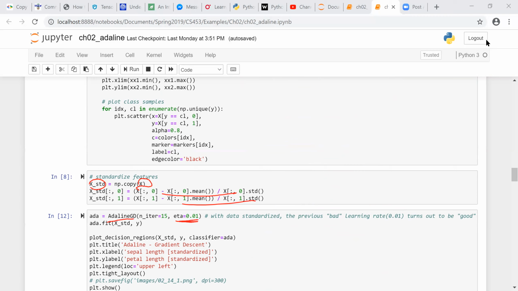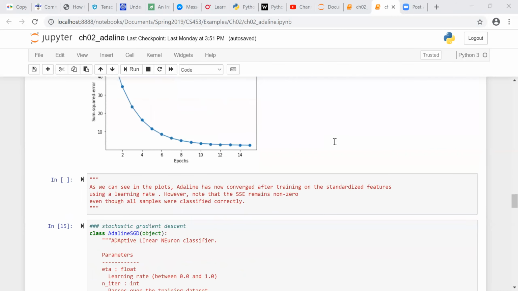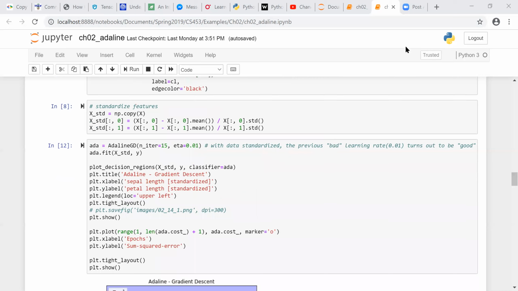But this time, you see, the learning rate is not that very small one. It's a bigger one. Then we call fit. And over here, we also plot the cost versus the iteration.